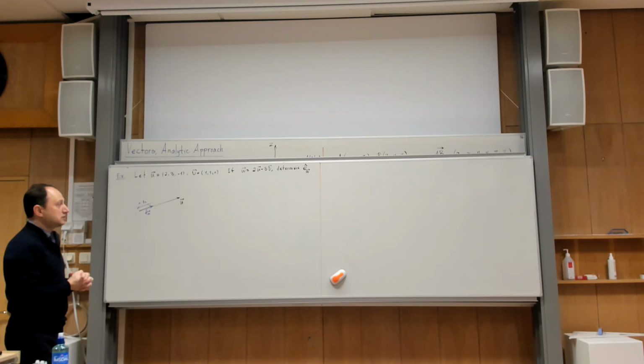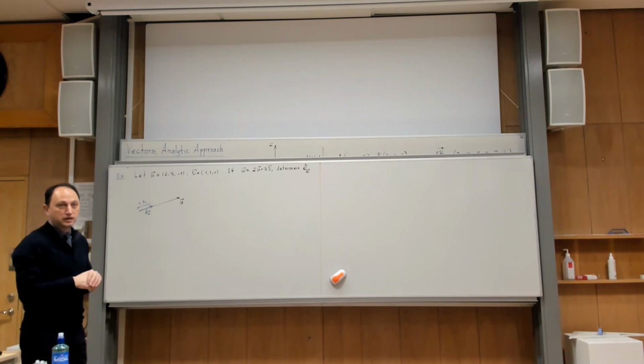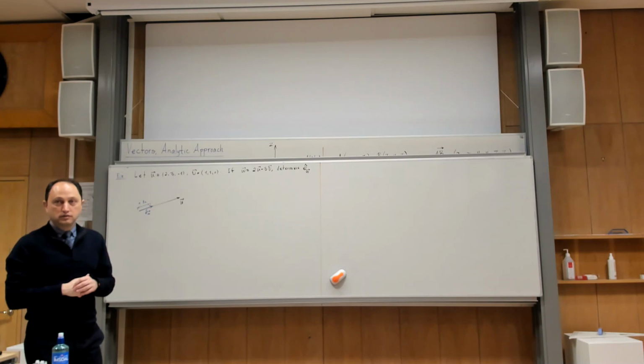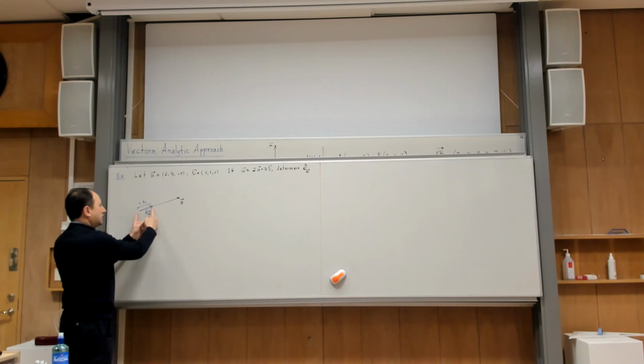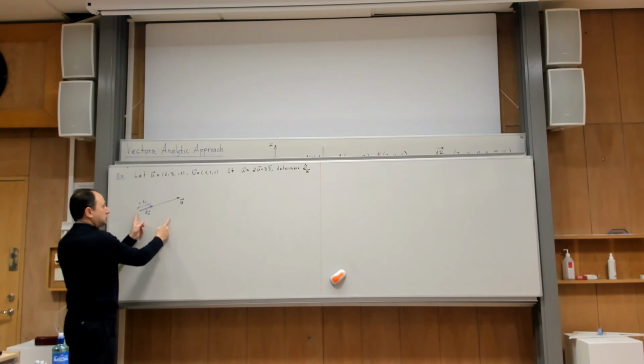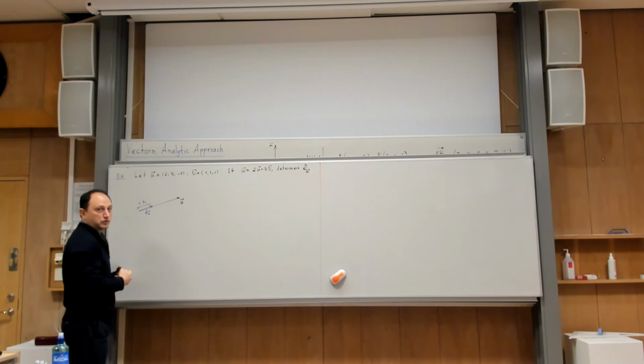So what was the method to make a unit vector out of a vector? Do you remember? You don't need to remember, just think about it. I want to make this vector in the same direction, but I want to make the length 1 unit. So what should I do?